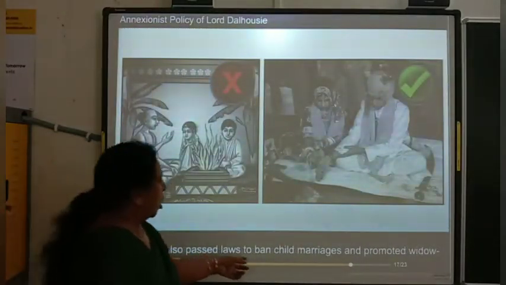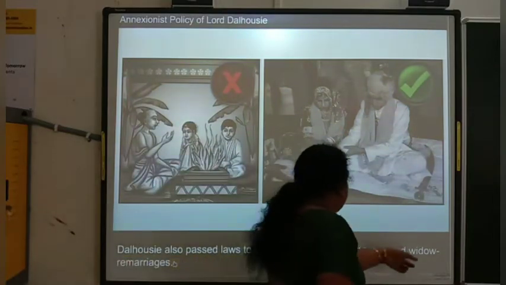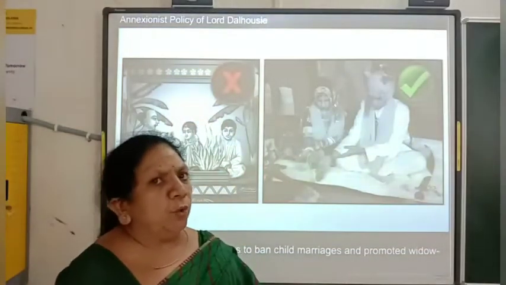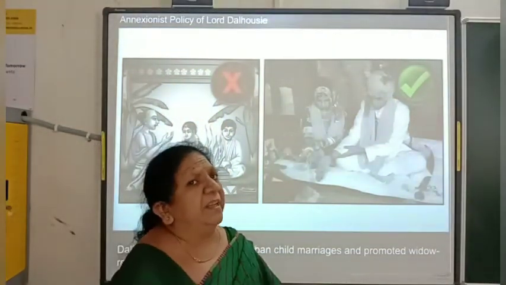Dalhousie also passed laws to ban child marriage and promoted widow remarriage. See, one or two good deeds were done by them.